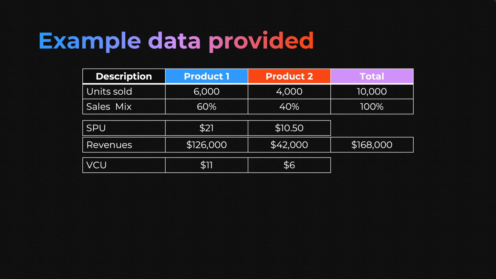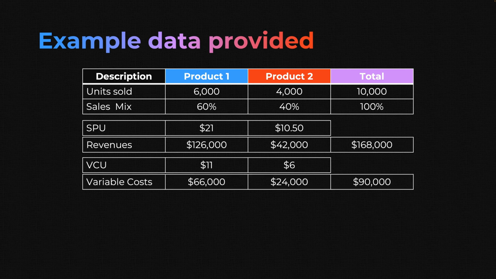Our variable cost per unit is $11 for product 1 and $6 for product 2. So variable costs in total will be $66,000 for product 1 and 6 times 4,000 or $24,000 for product 2, for a total of $90,000.